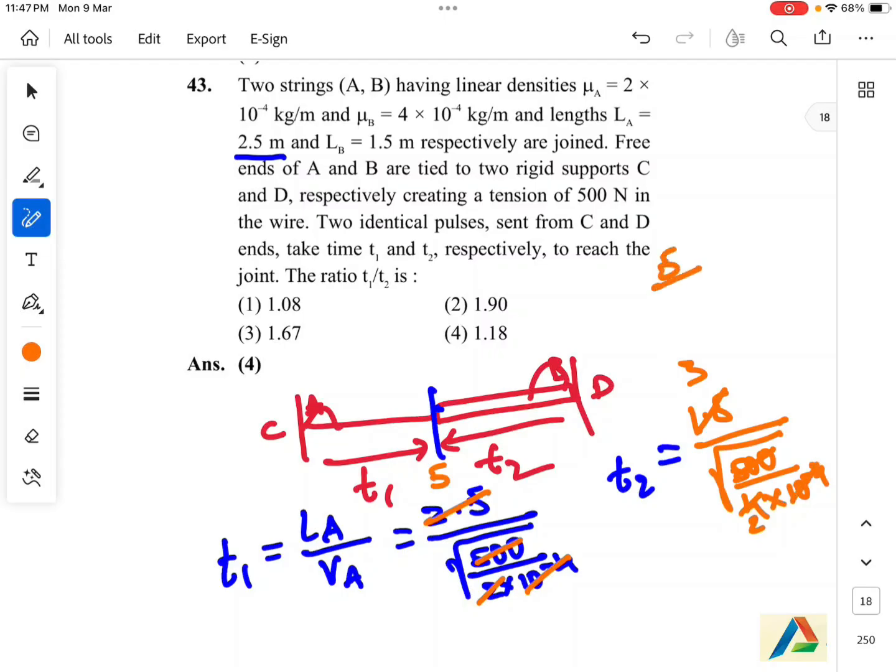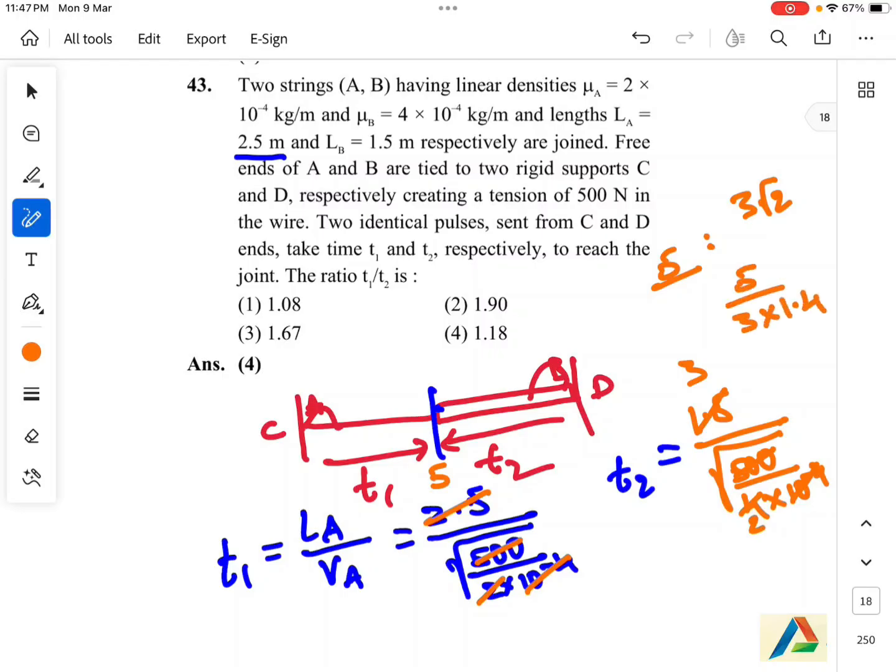So what are you left with? 5 is to 3 root 2. That would be 5 divided by 3 root 2.